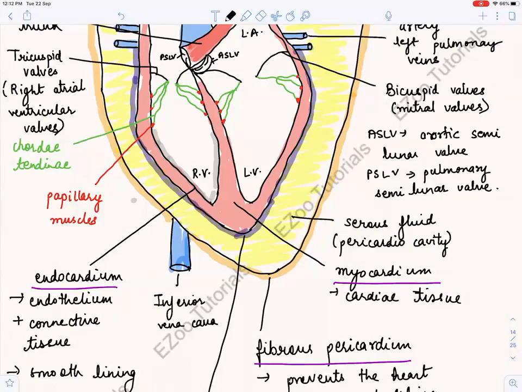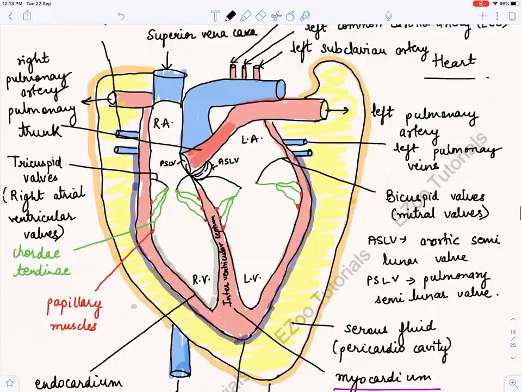I will write it. Interventricular septum, right? There is an interatrial septum also, but you can't see it because of the big pulmonary artery and aorta.